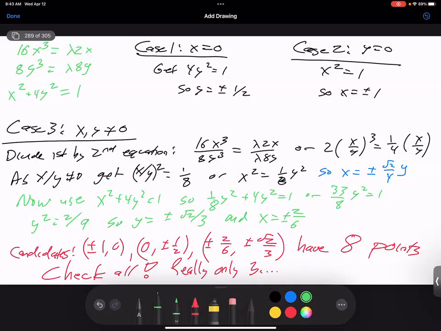Okay, so then y squared is going to be 33 eighths.